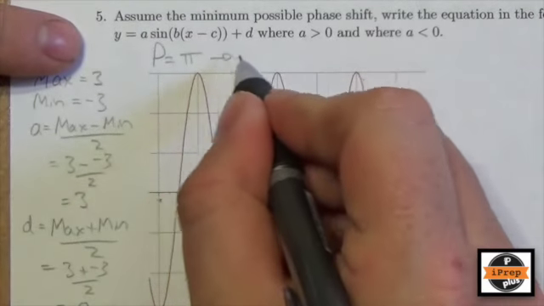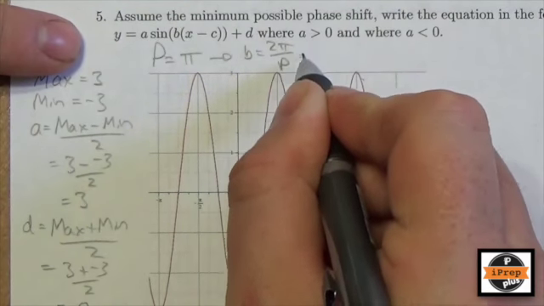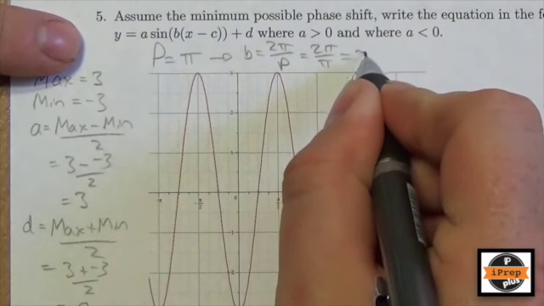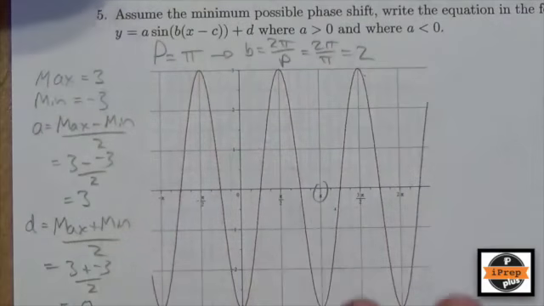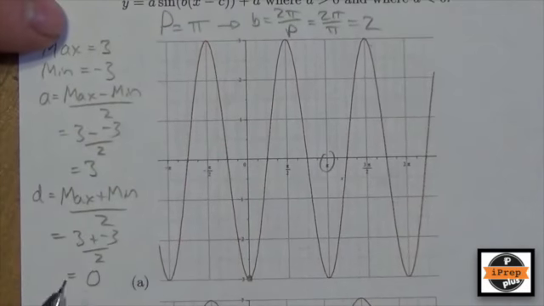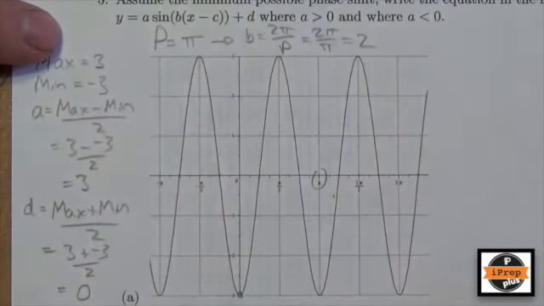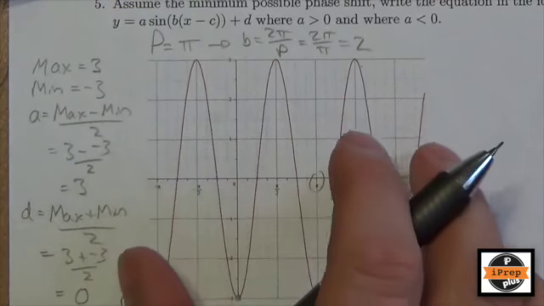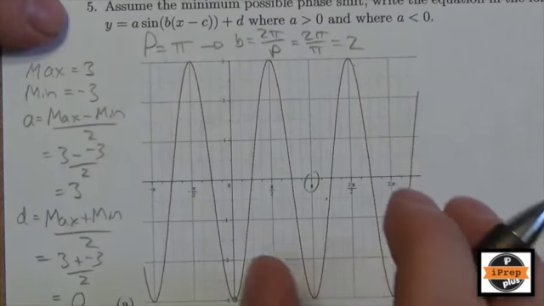Now that means that my B value is going to be 2 pi over the period. Period is pi, so 2 pi over pi, and the answer is 2. The B value here is going to be 2. And so now very, very quickly I've been able to identify 3 of the 4 different variables that I need to come up with the equations for the sine and cosine graphs for this graph that I'm looking at.